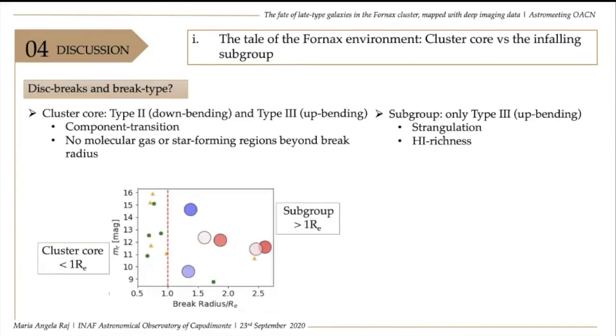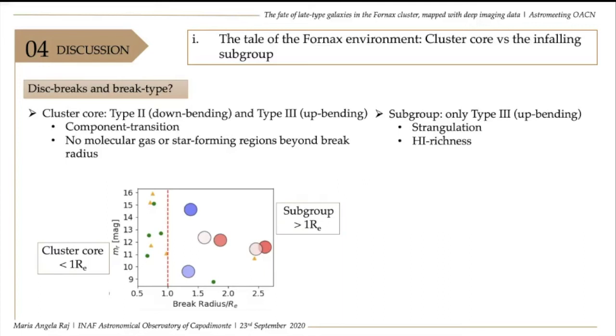And we also saw that the break radius of the type 3 galaxies in the subgroup was located beyond one effective radius, contrary to what was observed for those galaxies in the cluster core, which is within one effective radius. So the cluster core LTGs are undergoing a significant transformation in morphology.